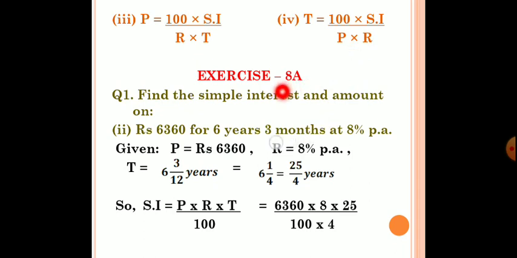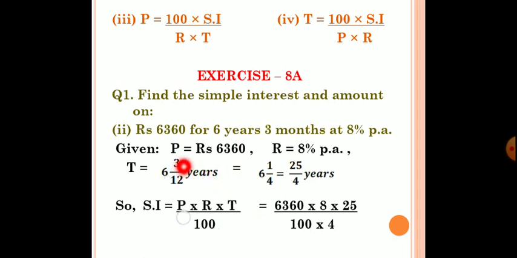Now let us start with exercise 8A. Question number 1, part 2. Find the simple interest and amount on rupees 6360 for 6 years, 3 months at 8% per annum. Here principal is rupees 6,360, rate is 8% per annum, and the time is 6 years and 3 months.